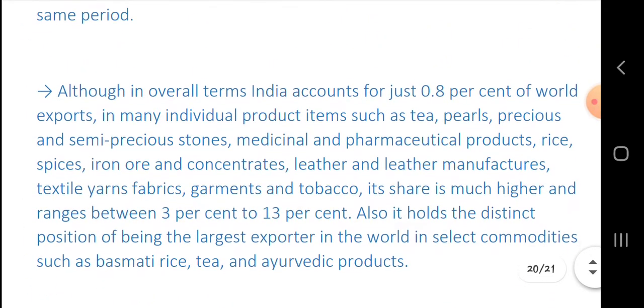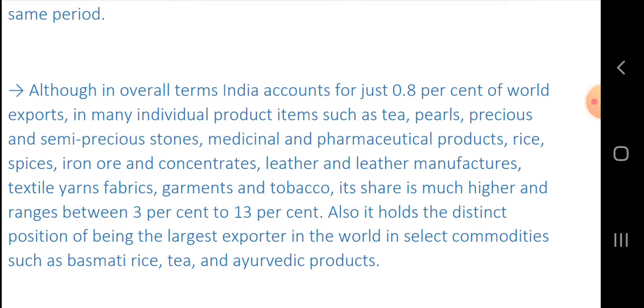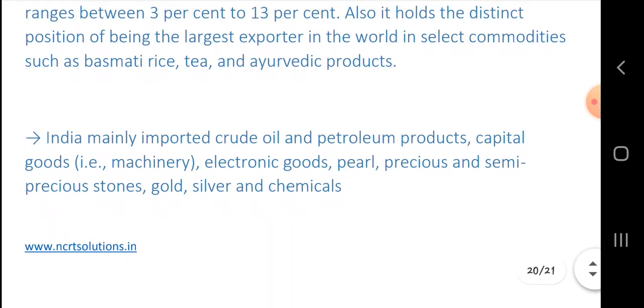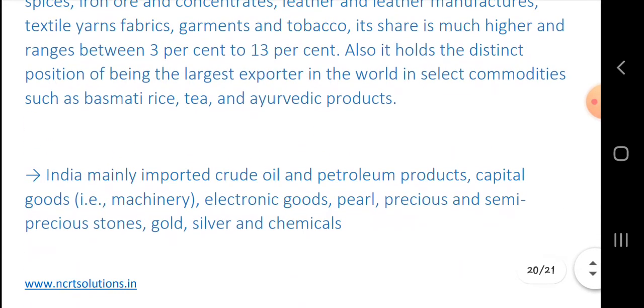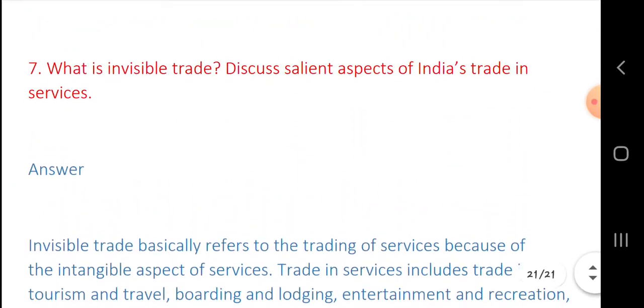Overall, India accounts for just 0.8% of world exports, and India mainly imported crude oil, petroleum products, capital goods, electronic goods, pearls, precious and semi-precious stones, gold, silver, chemicals and other things.